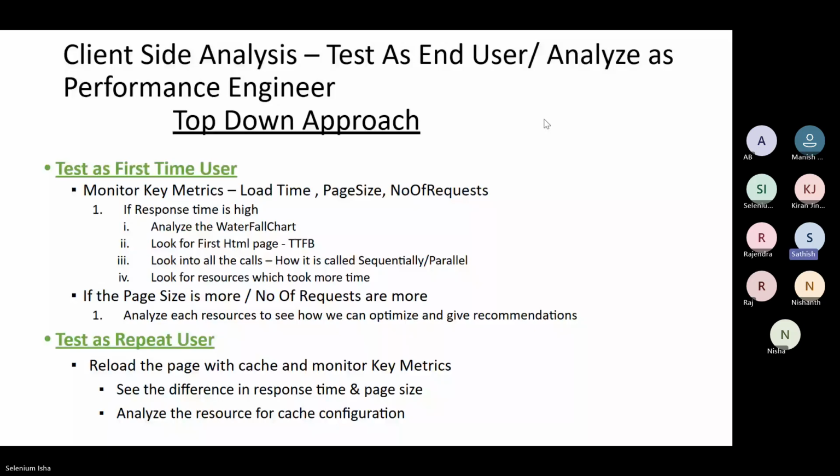Now when it comes to your client side analysis, you're going to do testing as a first-time user and then as a repeated user. What it means is, most of us open our browser, and say it is irctc.com, which we don't use regularly.